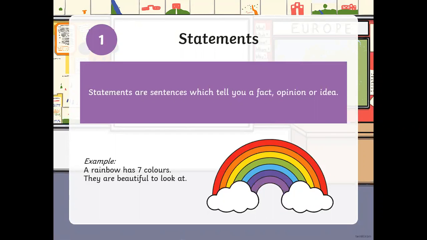That's a fact because a rainbow has 7 colours. Let's have a look. The next sentence there, it says, they are beautiful to look at. Is that a fact, an opinion, or an idea? Absolutely, it's an opinion because I might love rainbows, but other teachers or other people might not like rainbows. Do you like rainbows?